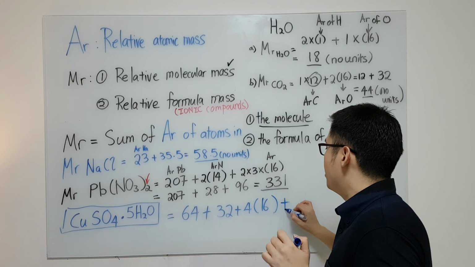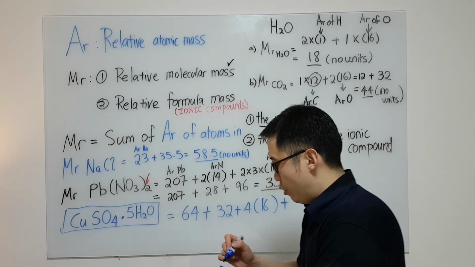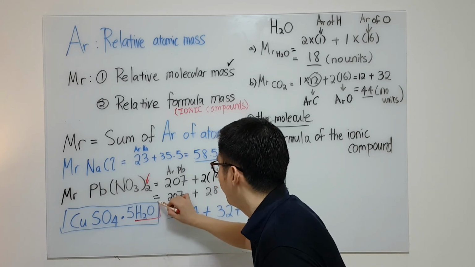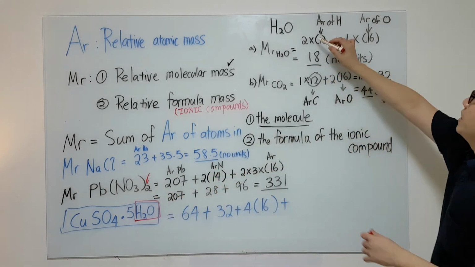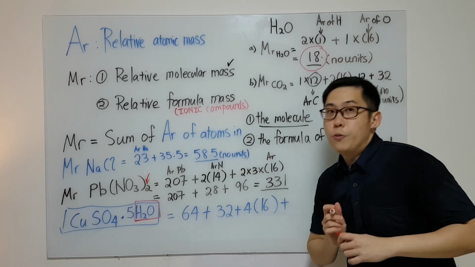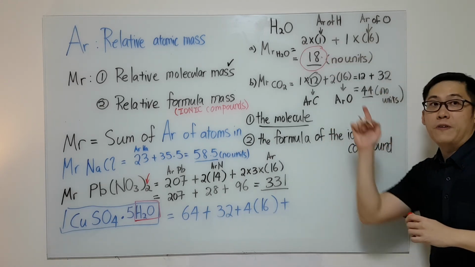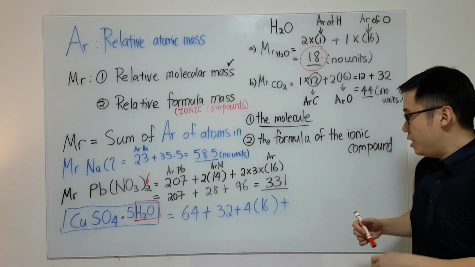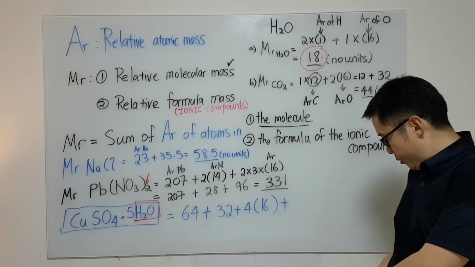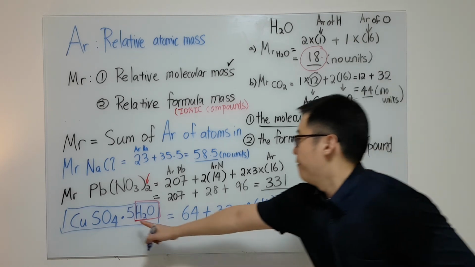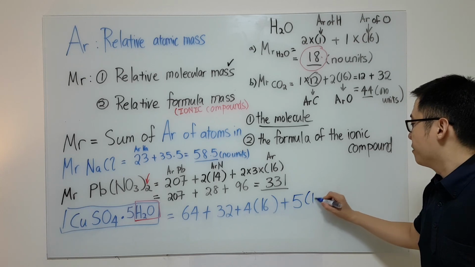Now, students, if you remember with me, your H2O, we've actually determined over here that it has a relative molecular mass of 18. So, as a result of this, all we need to do is to put 5 times 18.